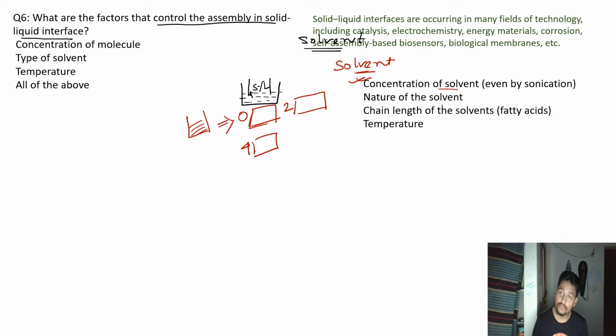Now, the nature of the solvent we have already seen in the lectures, like the chain length of the solvent, right? If it is decanoic acid versus butyric acid, a similar kind of molecule on a similar surface is going to give us a different kind of arrangement. So the nature of the solvent, that is the chain length, is very important, and also the temperature.